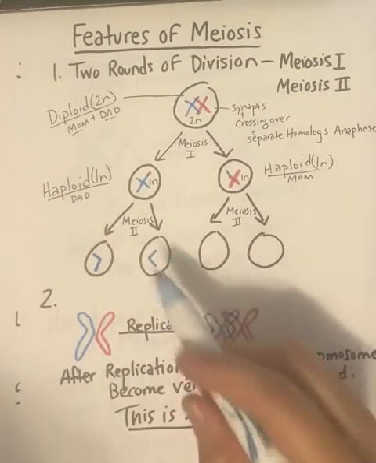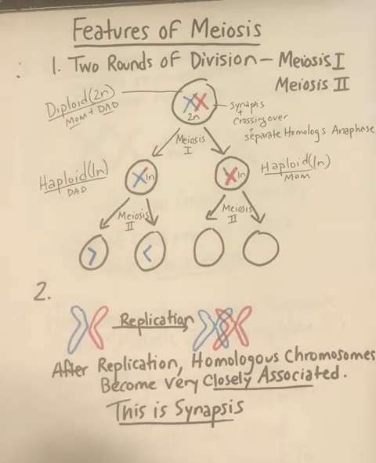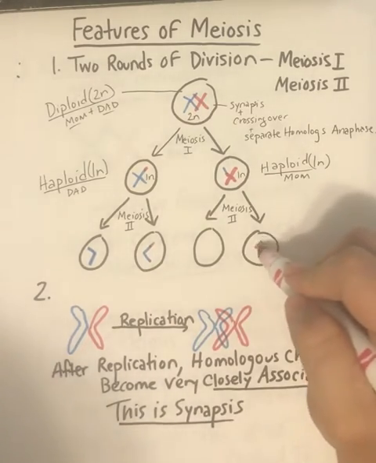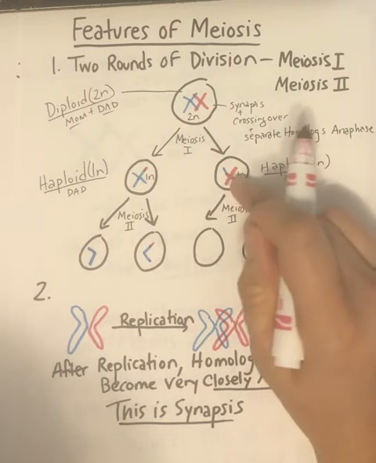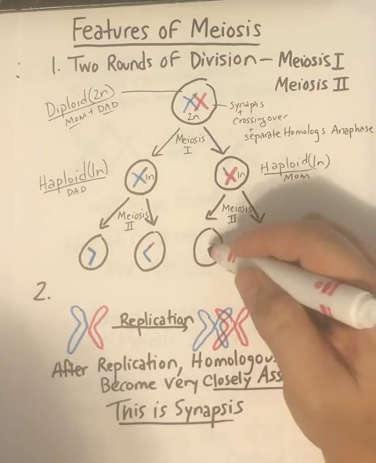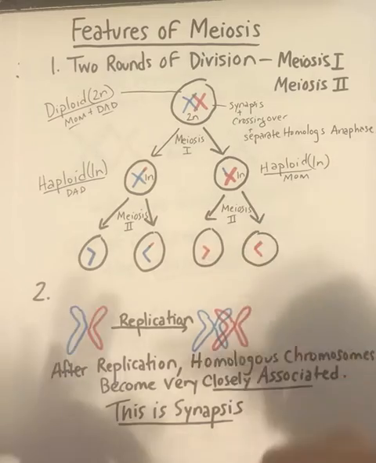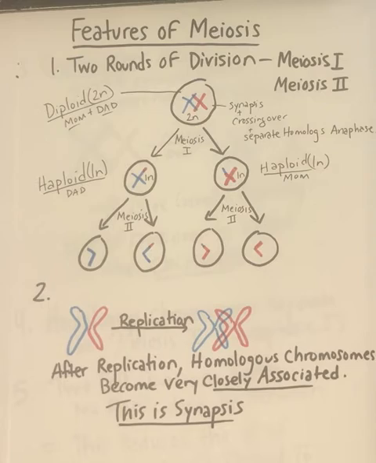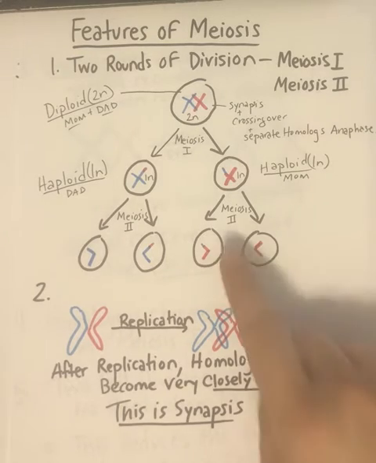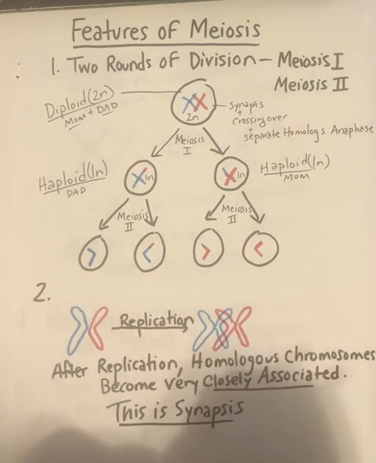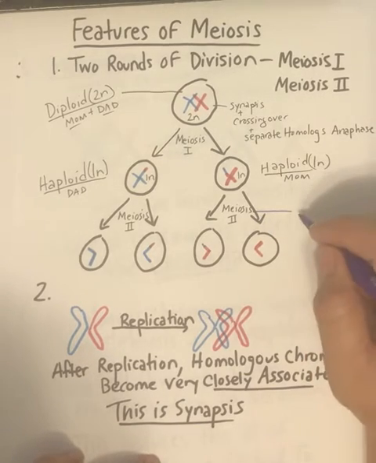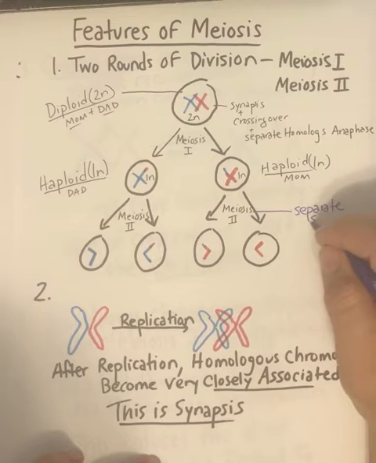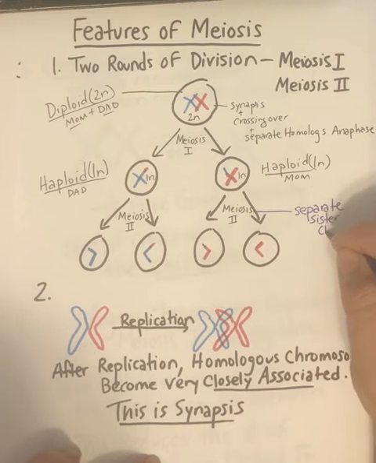This one will have your dad's genetic material with a tiny bit of your mother's information. This one has your mother's genetic material only, but you're separating the sister chromatids. And a little bit of mom's with a touch of dad's. So in meiosis 2, you're going to separate sister chromatids.